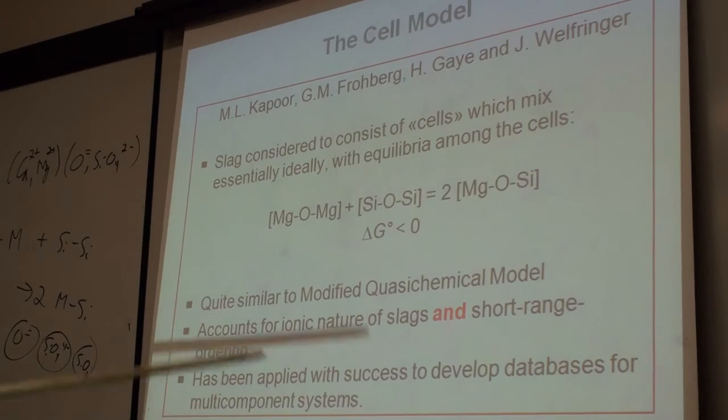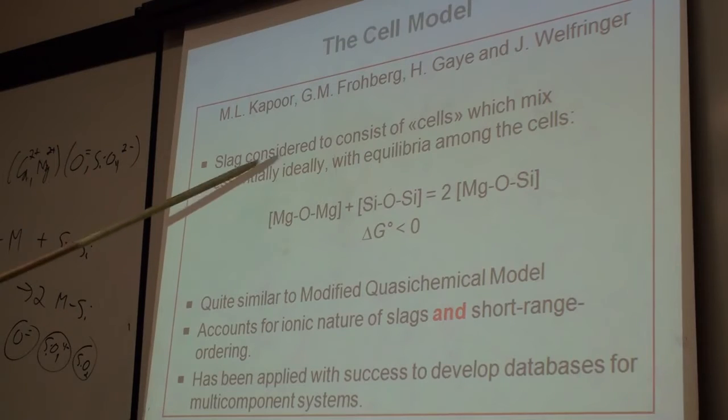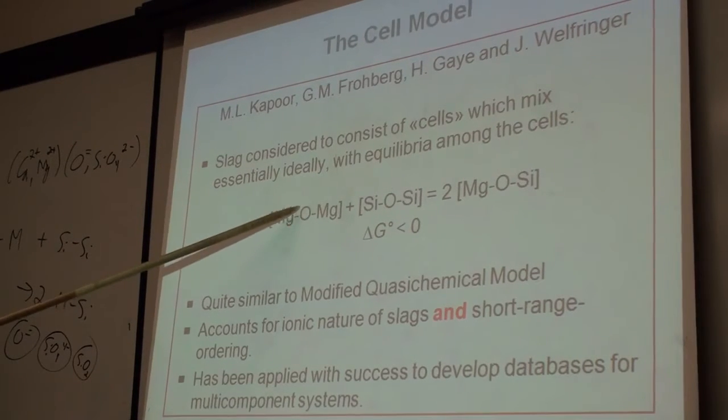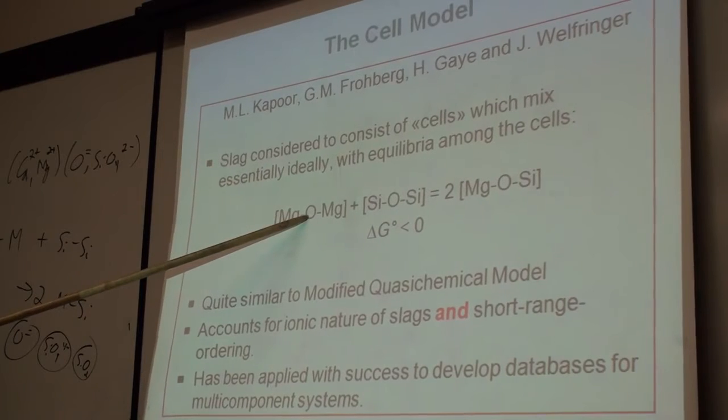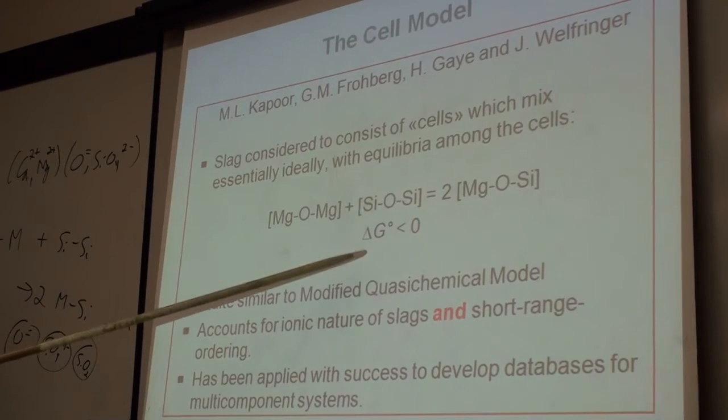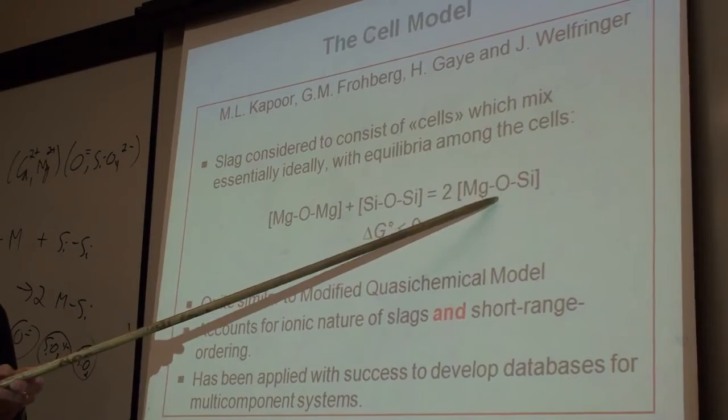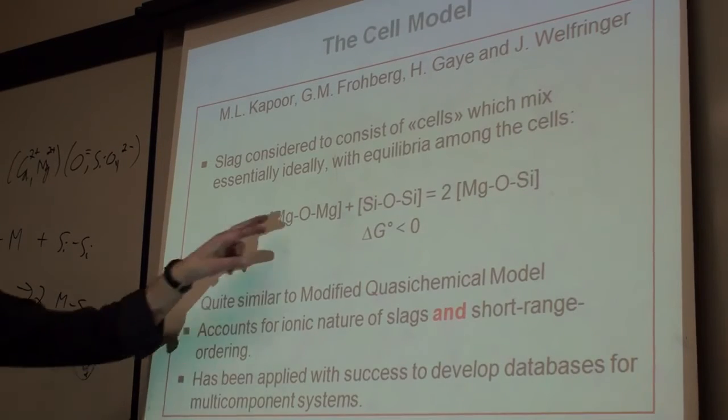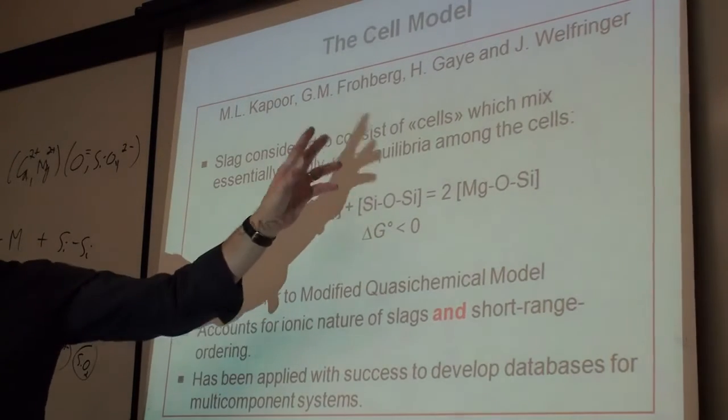The way they've done it is that slag is considered to consist of cells which mix ideally with equilibrium among the cells. So you have a magnesium-oxygen-magnesium cell, a silicon-oxygen-silicon cell, and magnesium-silicon-oxygen cells, and you'd have the same thing with calcium-calcium-calcium-magnesium.